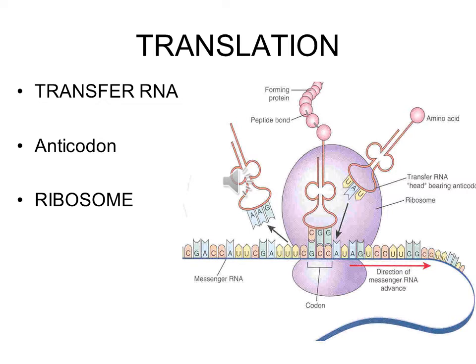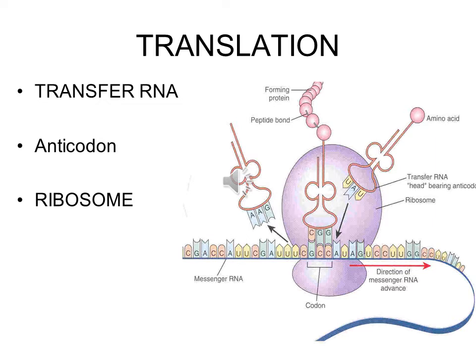Translation takes place at the ribosome, and what happens is the ribosome passes along the strand of messenger RNA, reading it and reading the sequence of amino acids that need to be taken into place. This process also involves transfer RNA. Transfer RNA consists of a clover-shaped strand of about 80 nucleotides.